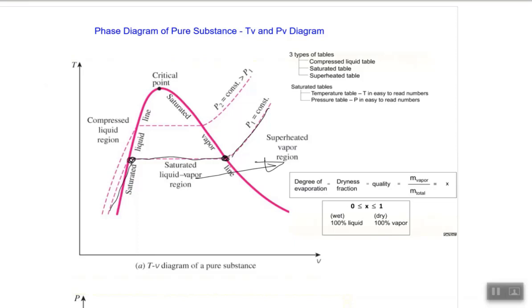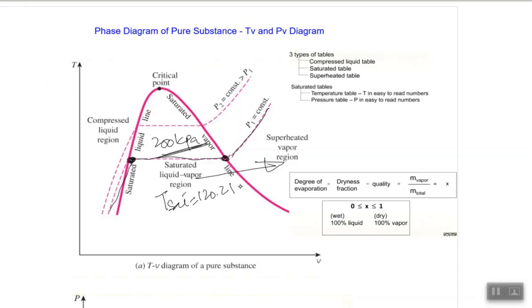Inside the vapor dome, if I've got a pressure of 200 kPa, it will remain constant, and the saturation temperature, 120.21, will also remain constant. As you can imagine from the previous lecture, pressure and temperature remain constant inside the vapor dome.